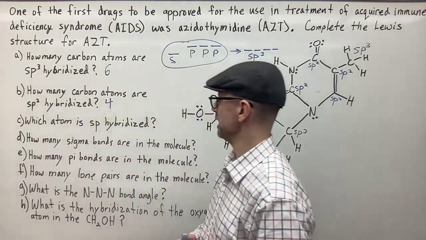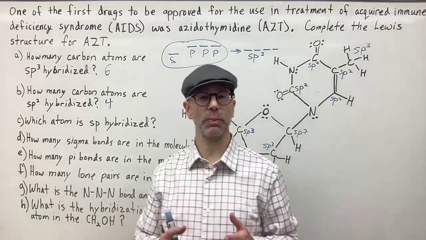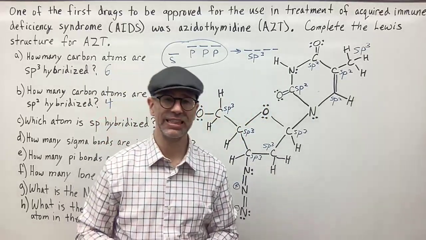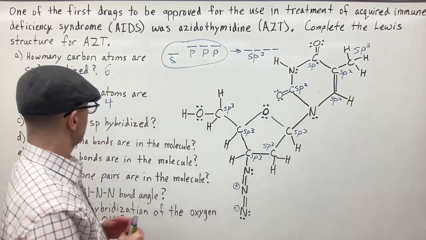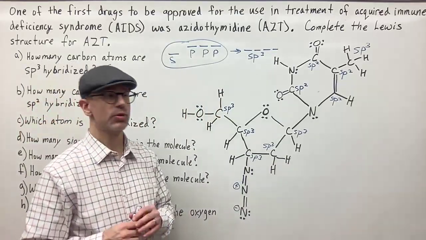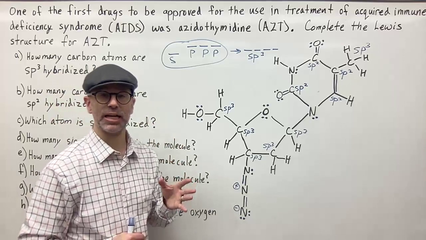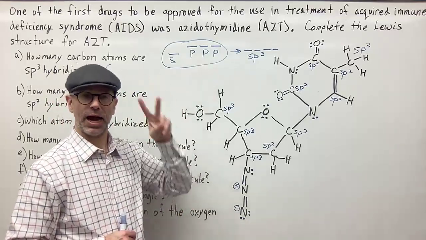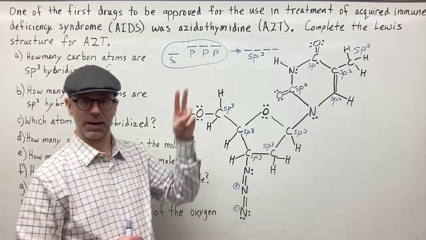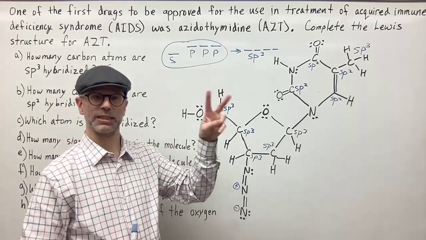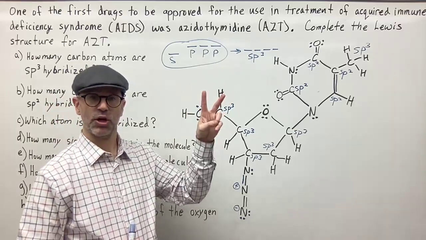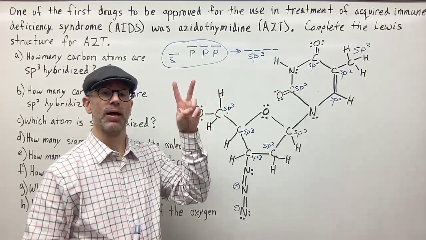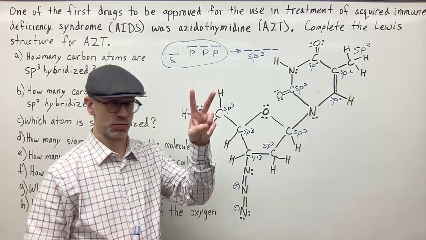Which atom is sp hybridized? So not carbons, but atom. Which atom, one atom, is sp hybridized? So again, sp hybridized means you took an s and you took a p, an unhybridized orbital, you hybridize them and you get 2 sp hybridized orbitals. So we're looking for an atom that only has 2 electron groups around it.